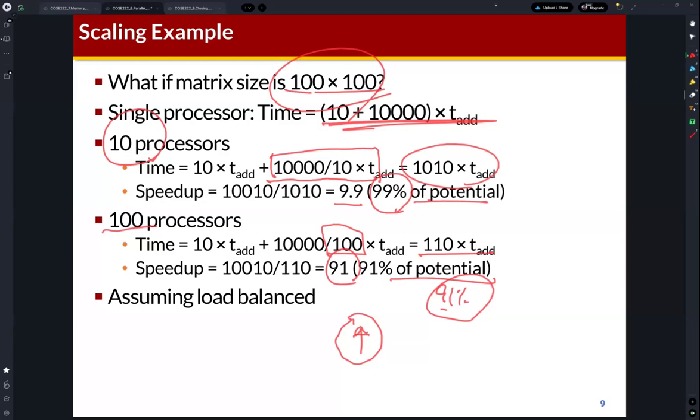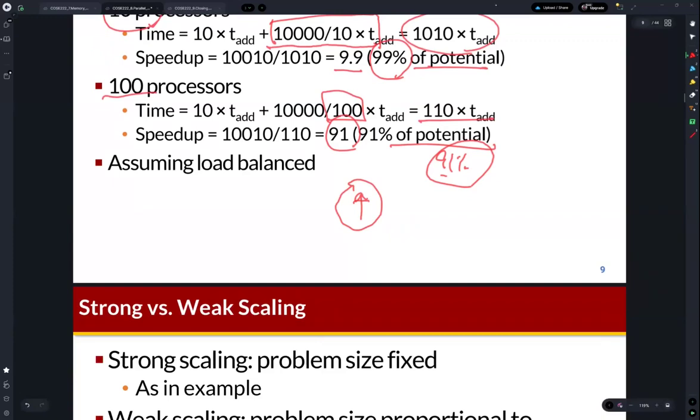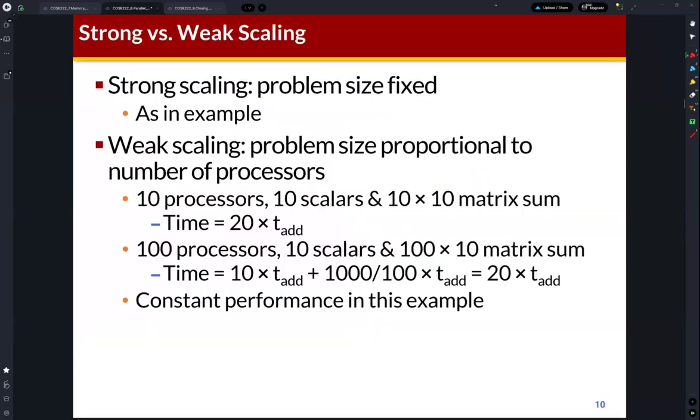And then obviously, right? So actually, this is called the weak scaling. So we can categorize strong scaling and weak scaling for the parallel processor architecture.